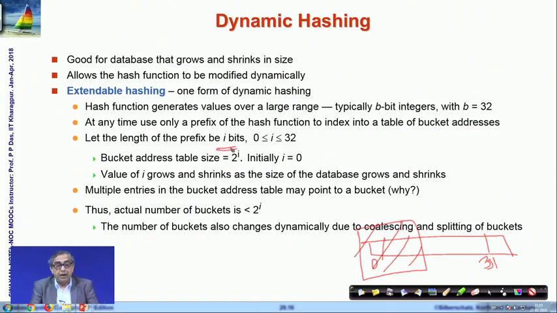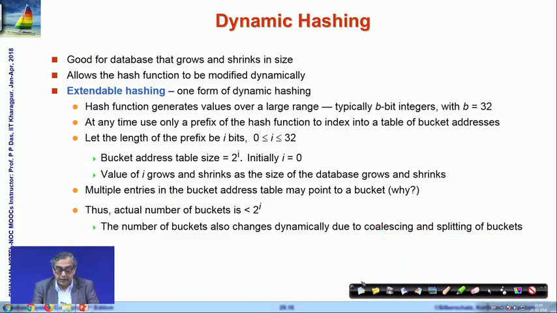Naturally, at least theoretically, it could be 0, that is, you do not use any prefix, and it could be up to all the bits. Therefore, if you are using i bits, then the possible bucket addresses that you could have is 2 to the power i. Initially, you keep that as 0. Then the address table will point to different buckets.